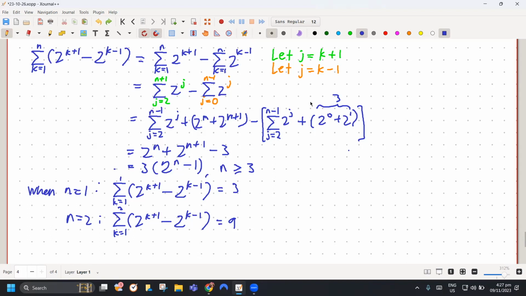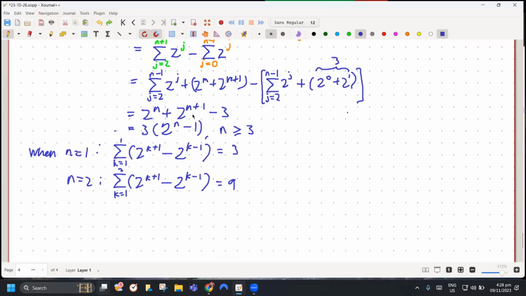Ngayon, tingnan mo, 2 to the k plus 1 is equal to, gamitin mo yung 2 to the k plus 1 is equal to 2 times 2 to the k. So, 1, 2, 3.